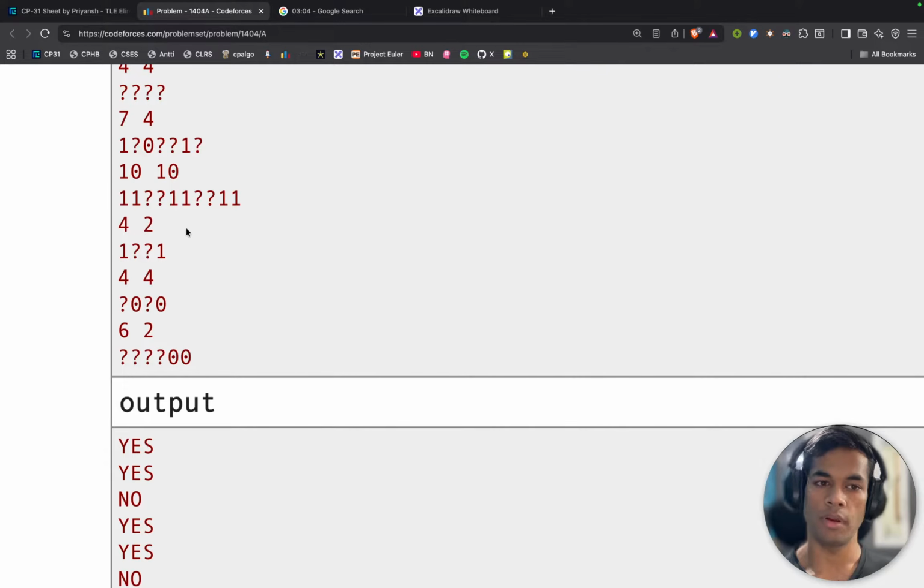If the number of zeros and ones is not the same, then I will have to change some of these question marks to some other number. But if they are the same, then these question marks don't have to be fixed. They are ambiguous. They can become 1 or 0, but in pairs.